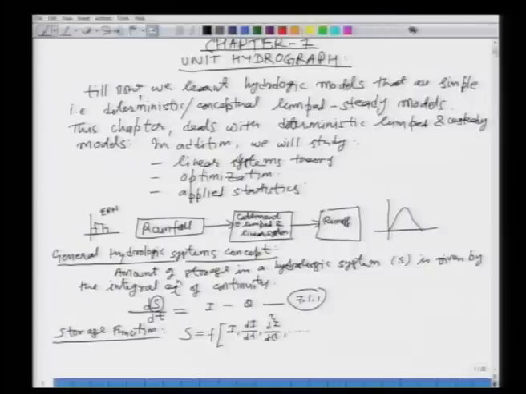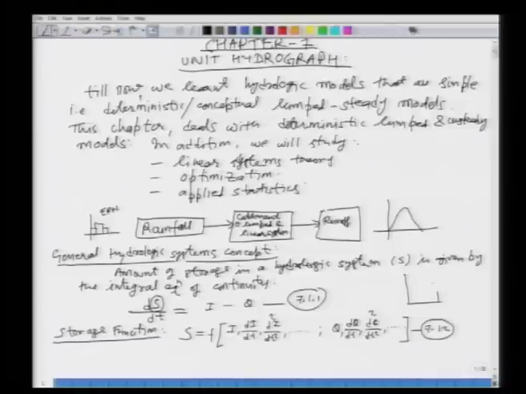We can go all the way to the nth derivative, and then also the output q, dq dt, d2q dt square and so on. Let me say that this is your 7.1.2.